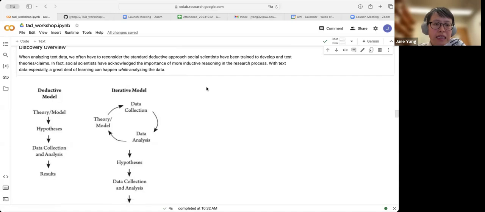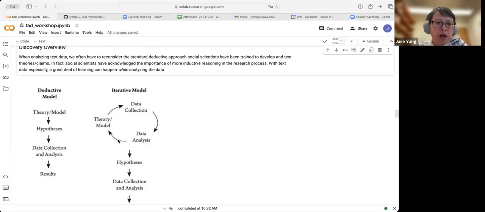Especially when working with text data, it's recommended that we take an iterative approach, right? We definitely have our theory and model in our mind, and then we collect our data. But a lot of the learning and discoveries happen while we're doing the data analysis. And then we may proceed to build up our hypothesis.